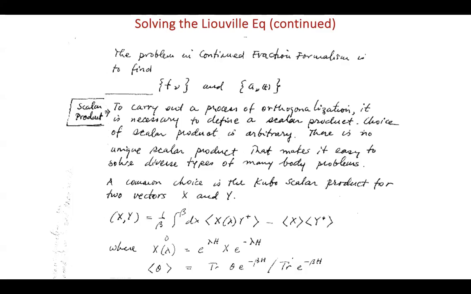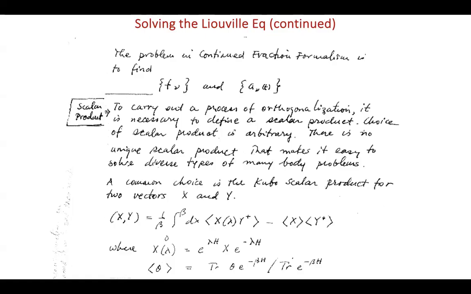There is a lot going on already. And so I want to draw your attention to all these moving pieces that have now entered our problem because of Kubo. The first thing is Kubo has introduced the scalar product by taking advantage of the canonical ensemble.